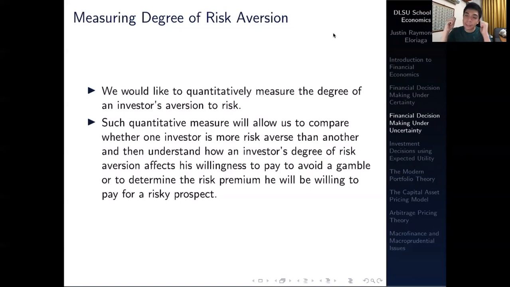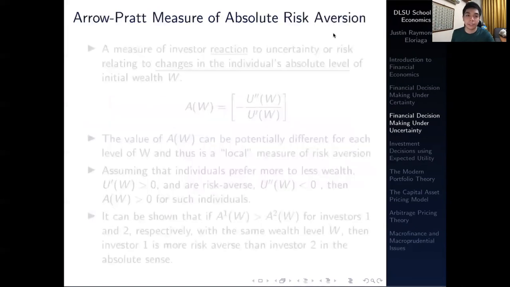And because the degree of risk aversion has a direct application on, as we said in the last video, how much an individual is willing to pay for insurance, or the person's willingness to pay for a particular insurance instrument or a certainty equivalent. So those have underpinnings there, right? This is the reason why we want to analyze the degree of risk aversion.